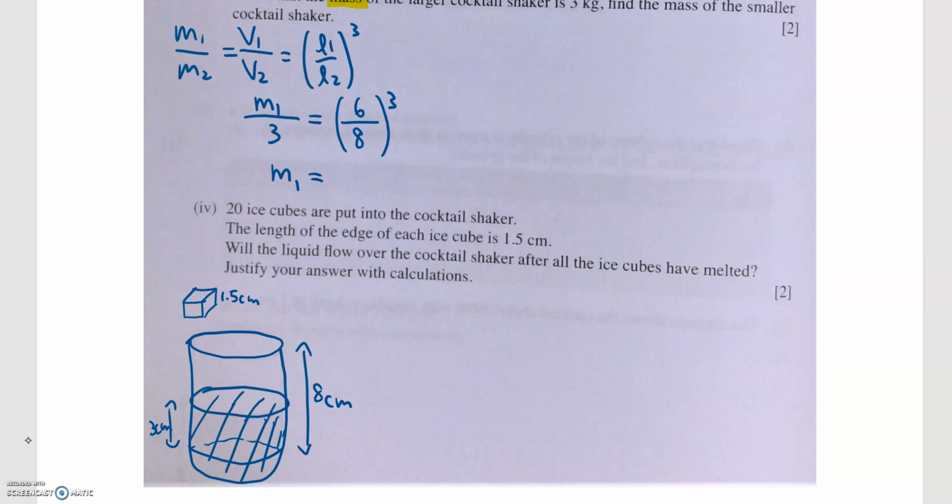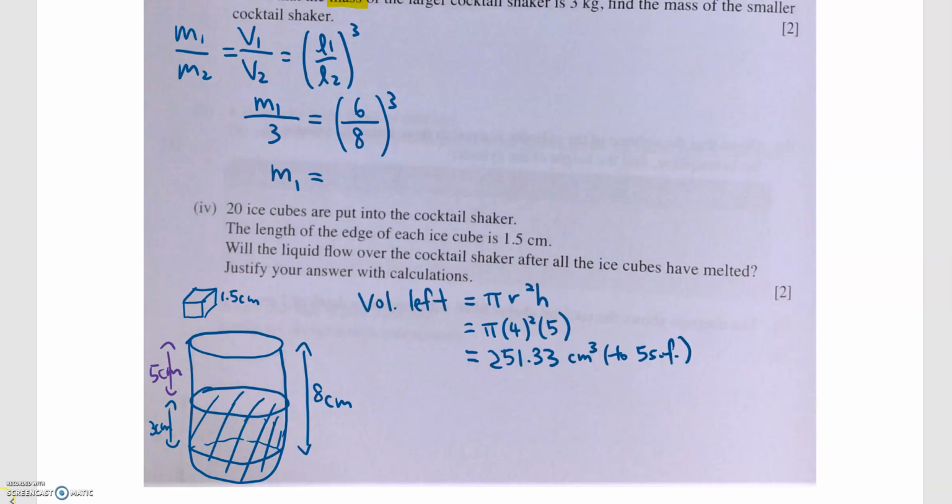From part B, we found the height of the cylinder to be 8 cm. So this leaves us with a height of 5 cm. Doing our working, we will get this answer for the volume that is left over.